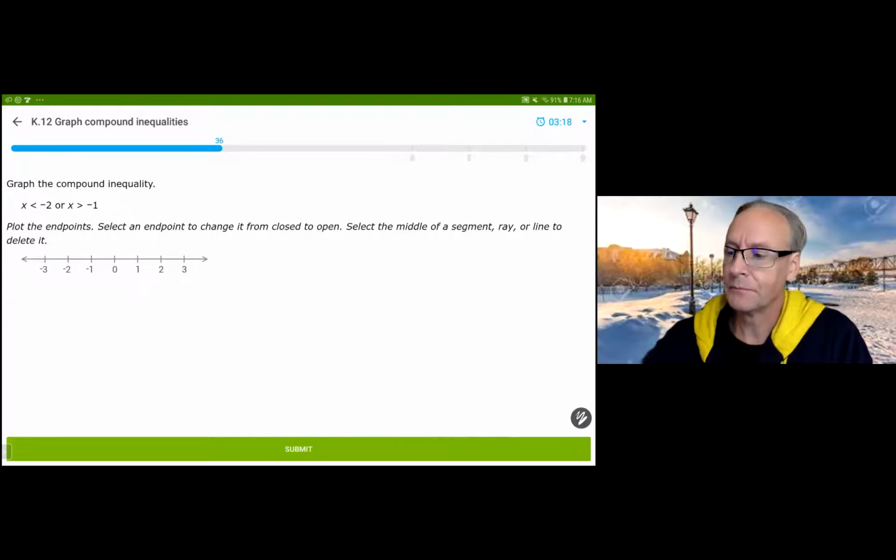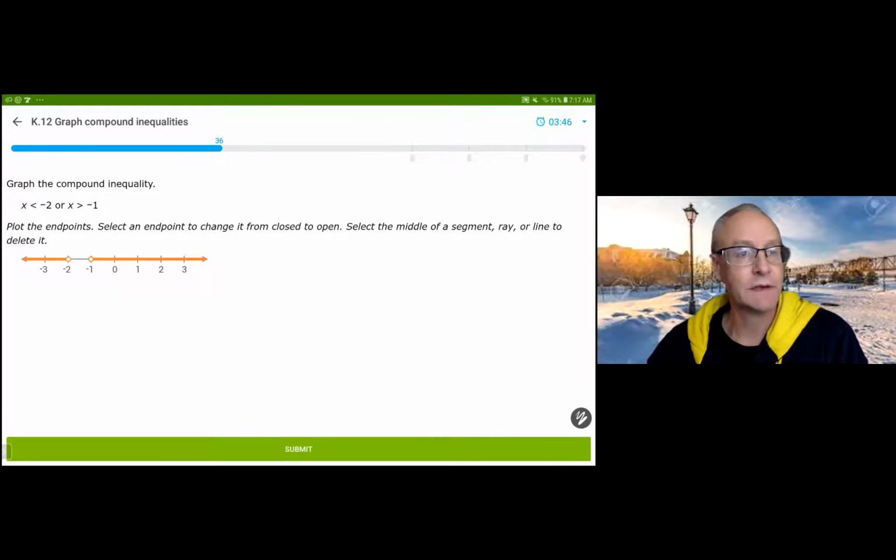Oh, here we go. Okay, so this one, it looks like they're going to rewrite it as two separate inequalities. We want x to be less than -2, which looks like this. There's x is less than -2, or x is greater than -1. Basically, we're including almost the entire set of real numbers.